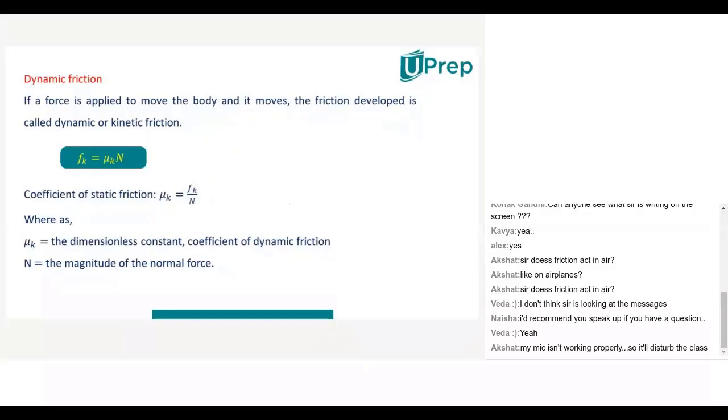Dynamic friction or kinetic friction. Now similar to that of static friction, kinetic frictional force Fk is proportional to, sorry, let me write it down. Kinetic frictional force Fk is proportional to normal reaction.